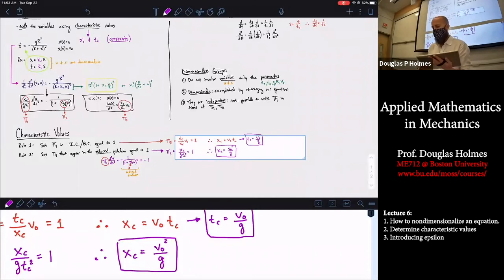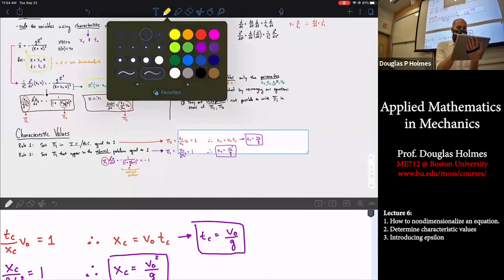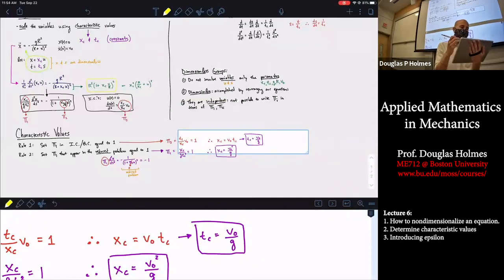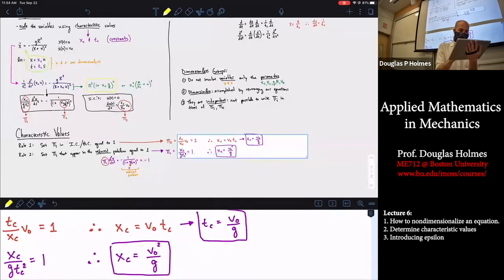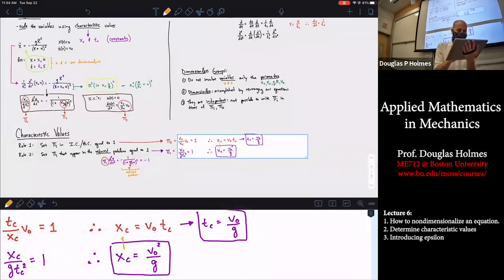Can I ask a quick question about how you got between XC equals V naught TC and then TC equals V naught over G? Sure, I kind of solved this backwards to make life a little bit more tricky for you. I took XC here and put it in here, and then solved for TC.